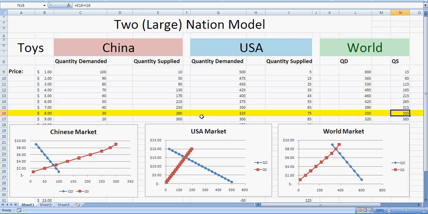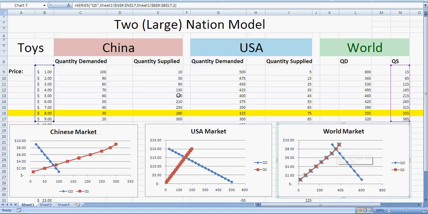Now the next thing, and this is the reason that this entire model is worth even looking at, is that we can say who is going to export toys and who is going to import toys. The way we do that is we go to the China graph and the USA graph, and we know that the equilibrium price is $8.